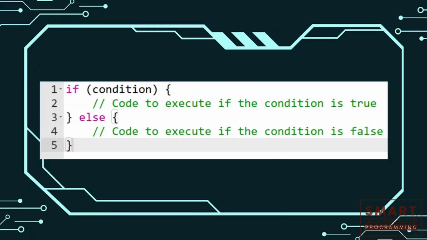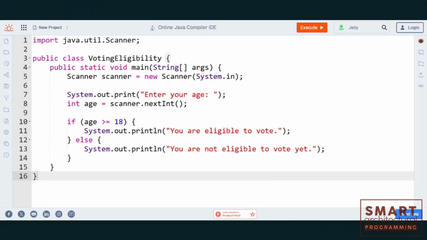Now a little more complicated example. Imagine you're creating a program that checks if a user is eligible to vote. The voting age is 18, so our program should display an appropriate message based on the user's age. As you can see on the screen below, we're importing the Scanner class from the util library in Java, and in voting eligibility we have an if-else statement from line 10 to 15.